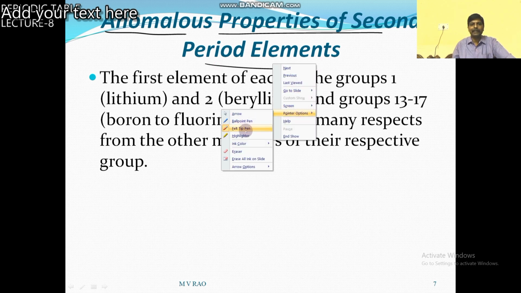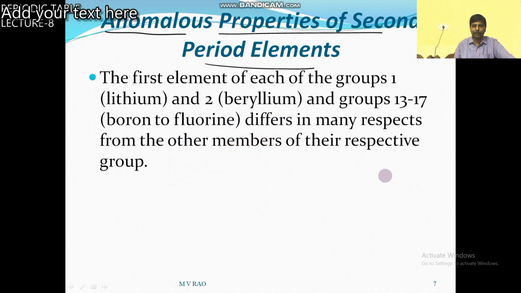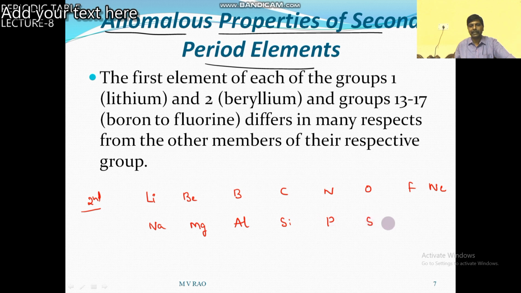Second period elements show anomalous properties, special properties. What are the second period elements? Lithium, beryllium, boron, carbon, nitrogen, oxygen, fluorine, neon. What are the third period elements? Sodium, magnesium, aluminum, silicon, phosphorus, sulfur, chlorine, argon.